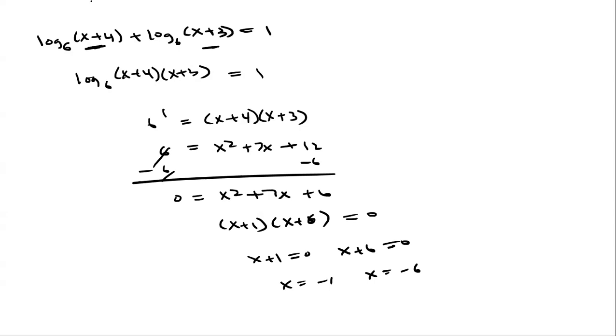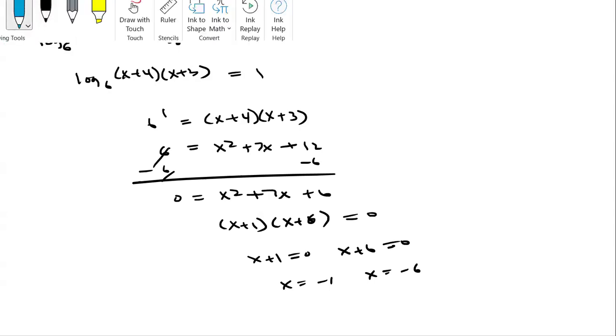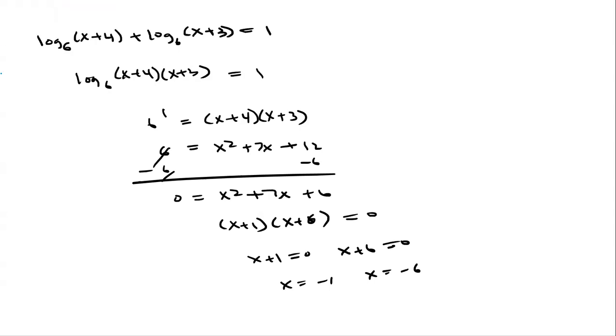So because now it moved, we need to consider if it will work. Well, if we plug in -1 in here, again, if the output is negative, then it's not going to work. If we put -1 in here, that's -1 plus 4, which is +3, so that's going to work. If we put -1 in here, -1 plus 3 is 2, so that's going to work.